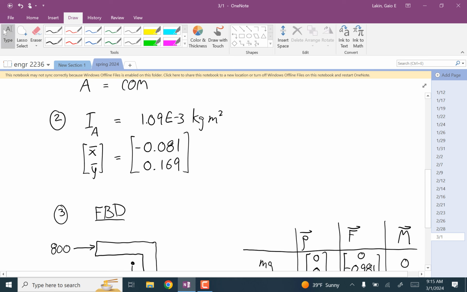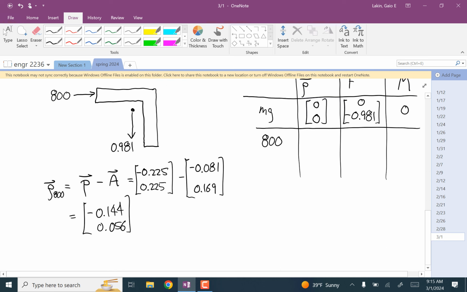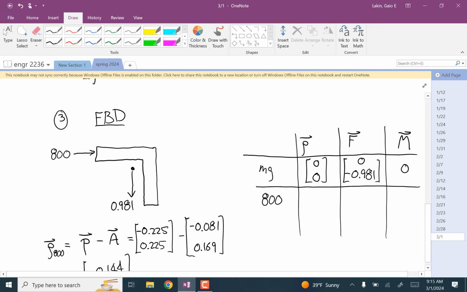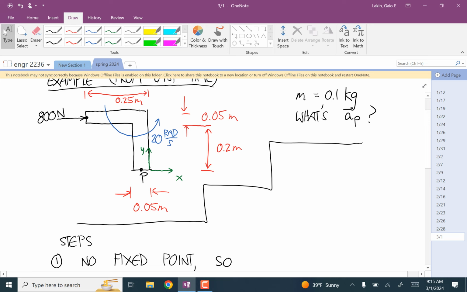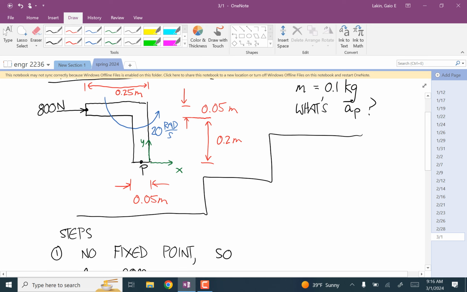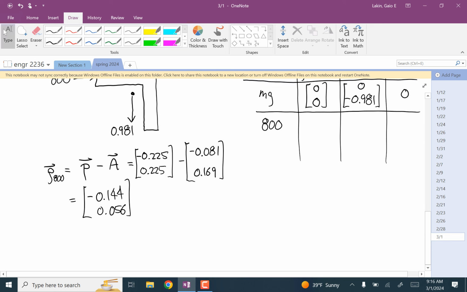And so what does that change? Well, we calculated that center of mass location, so that's not going to change. The only thing that's going to change is our x component of where the force is applied is going to be an extra, plus an extra 0.025. So this is just going to be negative 0.25.